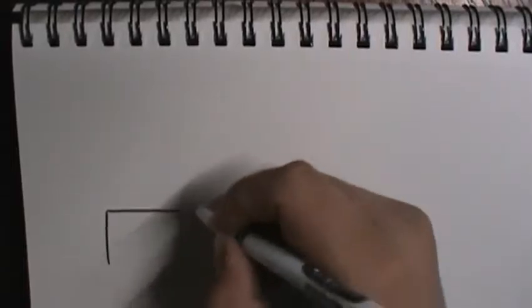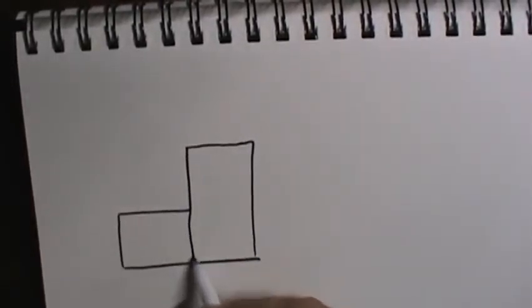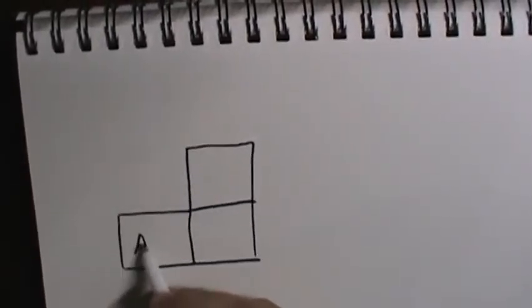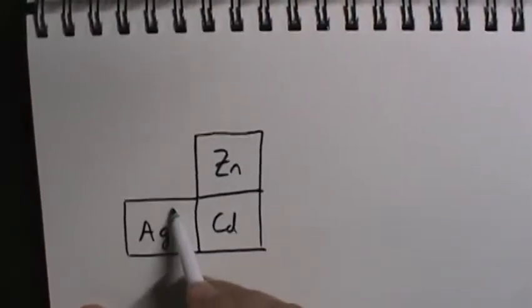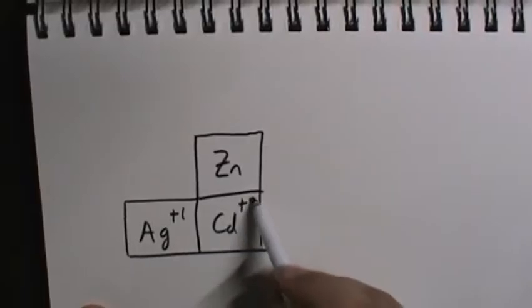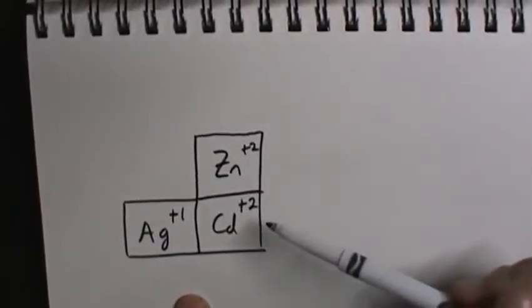And just to make sure, it's the last part of this video, that you have your exceptions down, the transition metals that don't need Roman numerals are silver, cadmium, and zinc. And you will find them in this backwards L on the periodic table. Silver is a +1, cadmium and zinc are both +2. So if it helps you remember, the 2 stacked on top of each other have a +2.